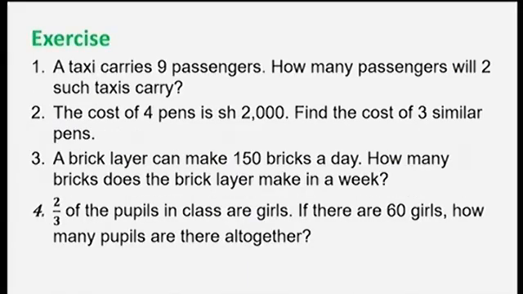So, dear viewers and listeners, when you have finished your housework, you are going to do this exercise. The exercise comprises 4 questions. Number 1, a taxi carries 9 passengers.